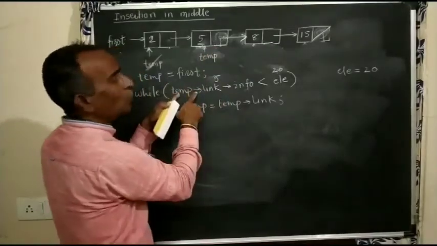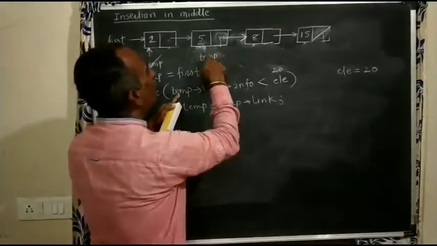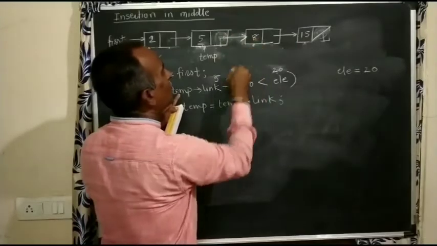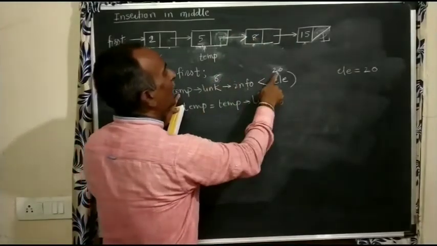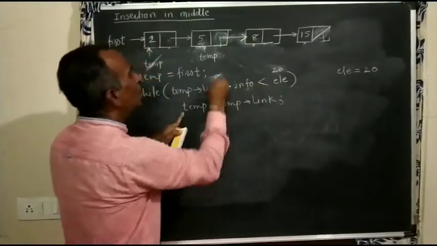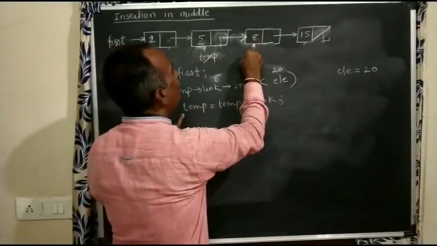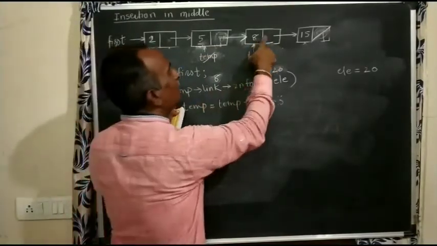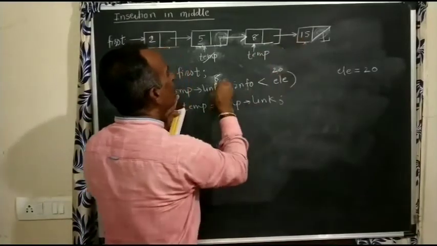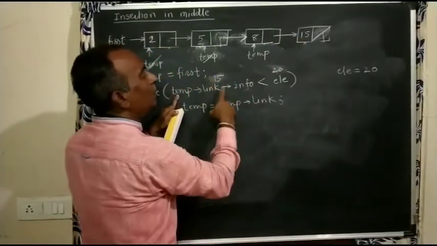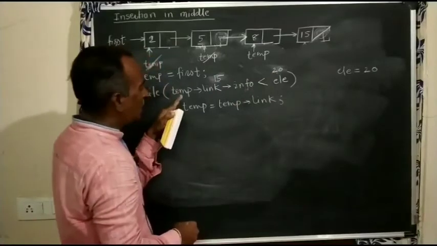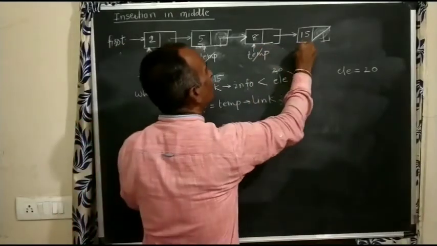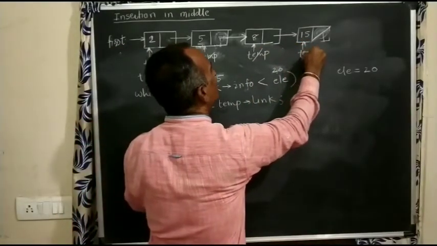Now again it will go to the condition, temp's link's info field 8 and 20. This is true, temp is moved, temp will be here. Again it will give temp's link 15. Is 15 less than 20? Yes, temp will be moved, temp will be here.